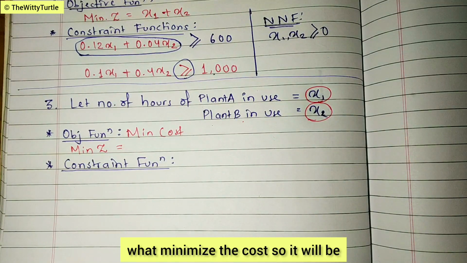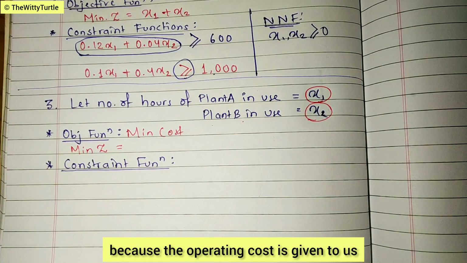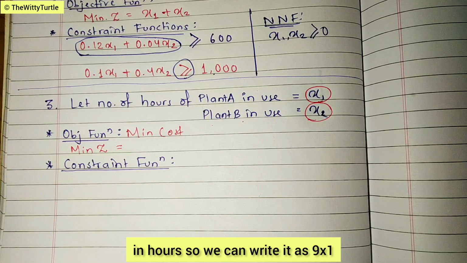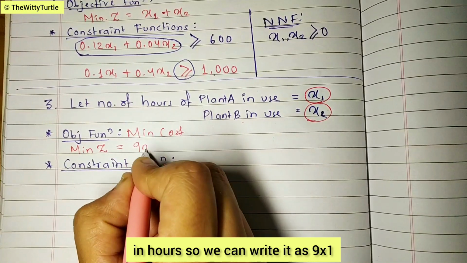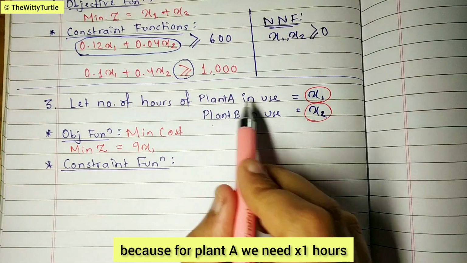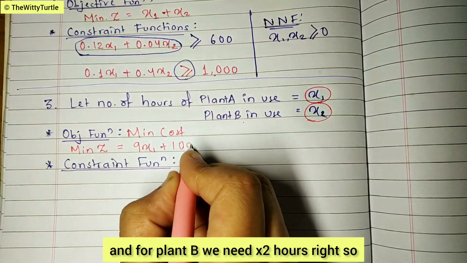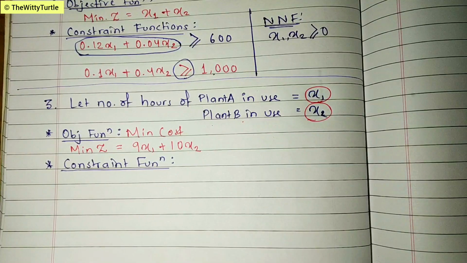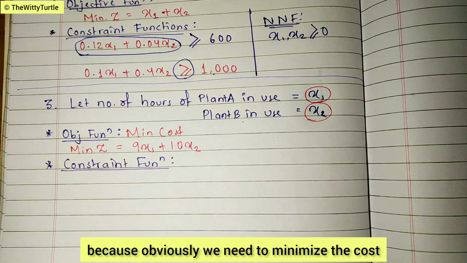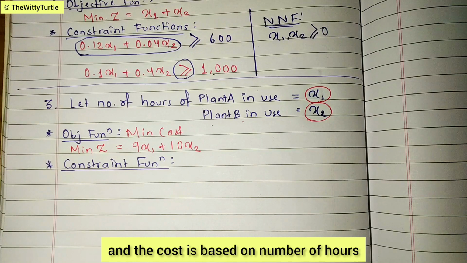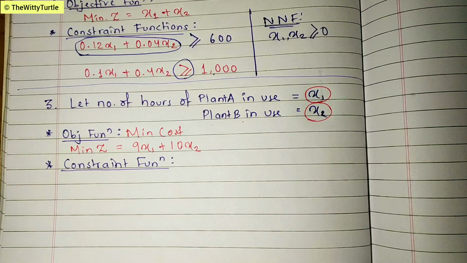Minimize the cost. Because the operating cost is given to us per hour, we can write it as 9x1 + 10x2, because for plant A we need x1 hours and for plant B we need x2 hours, right? So this will be our objective function, because obviously we need to minimize the cost, and the cost is based on number of hours, right?